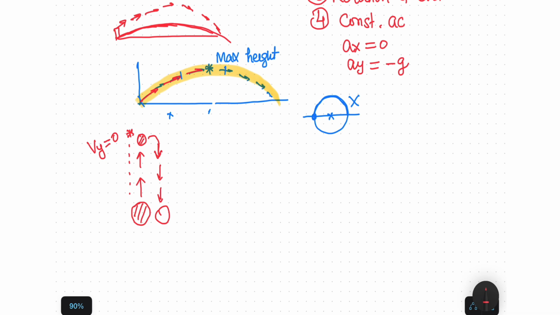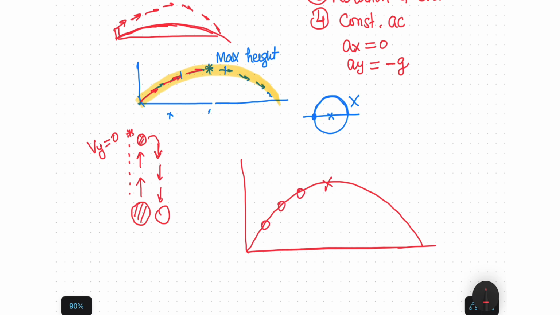Similarly, in projectile motion, when we throw a ball, it goes up to the maximum height. The velocity is decreasing, and the y component becomes 0, and then it increases again.